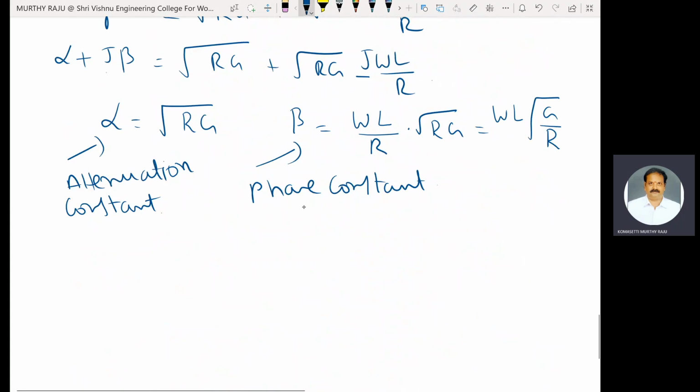Next, in order to avoid phase or delay distortion, the phase constant of the waveform should be made frequency dependent. That is, beta is equal to omega L by R into root RG, where omega is equal to 2 pi f. Therefore, beta is dependent on the frequency of the waveform.